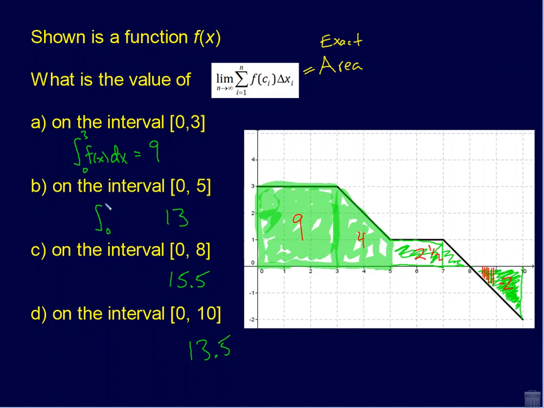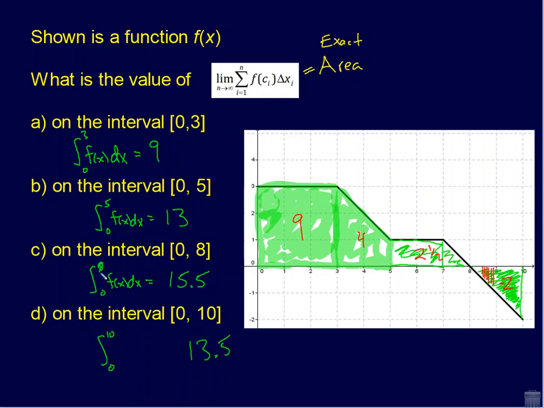This one I could interpret as the definite integral of 0 to 5. And that's 13. I could express this one as the integral 0 to 5 of f of x.